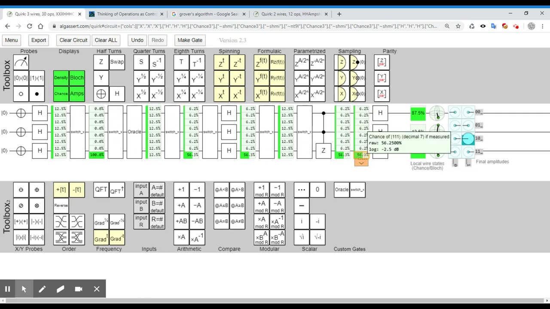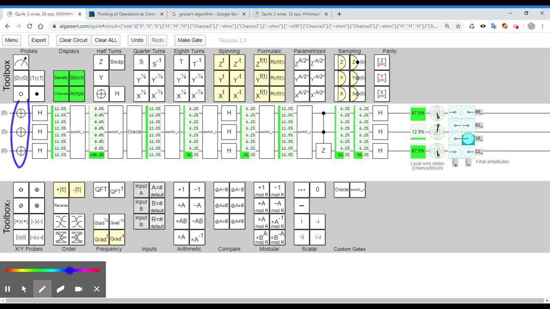So what's weird is we're applying, first of all, a control Z, and this is still something that I don't know why it must be a control Z. Pay attention that one thing that I realize is that here we've got a 111, right?